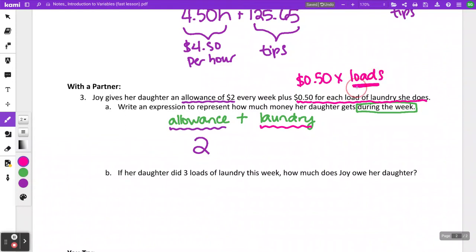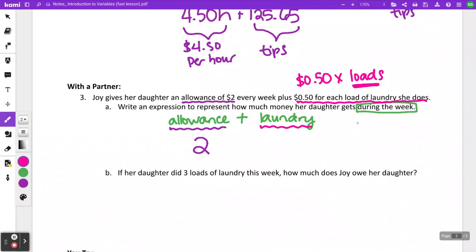So right there, that means I'm going to need a variable. I need a variable because I don't know how many loads of laundry she does. Maybe she does no laundry and she gets no 50 cents, right? Maybe she does 10 loads of laundry and gets 50 cents times the 10 loads of laundry. We don't know. The story didn't tell us.